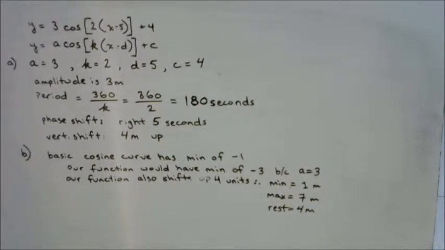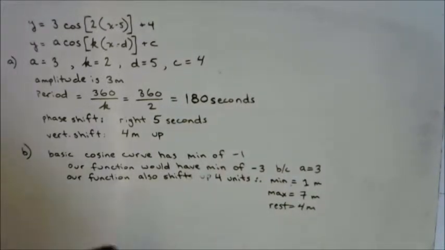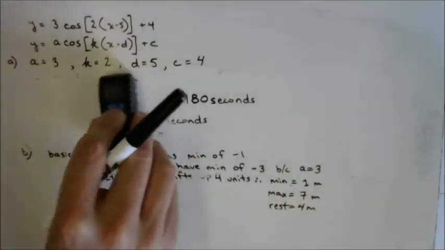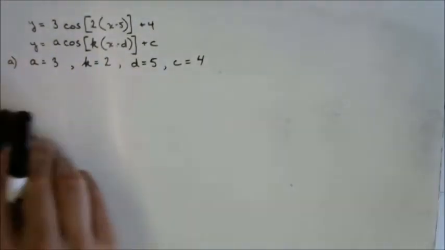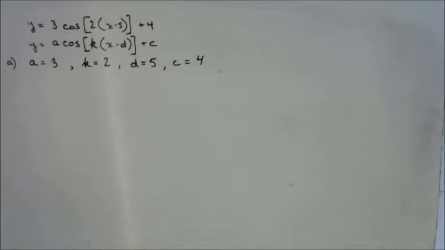C says, use an extended table of values to graph the function from 0 to 360. So I'm going to clear off this, and we'll leave that stuff up there.